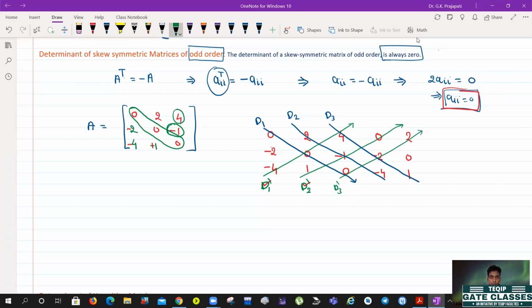Now we multiply the elements of diagonal D1, that is 0 into 0 into 0 means 0, plus again we multiply the elements of diagonal D2, that is 2 into -1 into -4, this is +8, and lastly we multiply the elements of diagonal D3, 4 into -2 into 1, this is -8, minus.